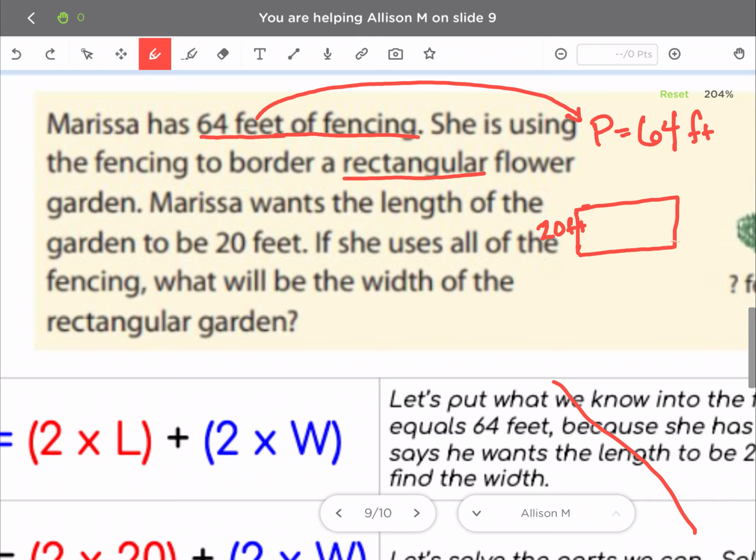So if she wants the length of the garden to be 20 feet, and this is 20 feet, then the other side has to be 20 feet. So far we have 40 feet.